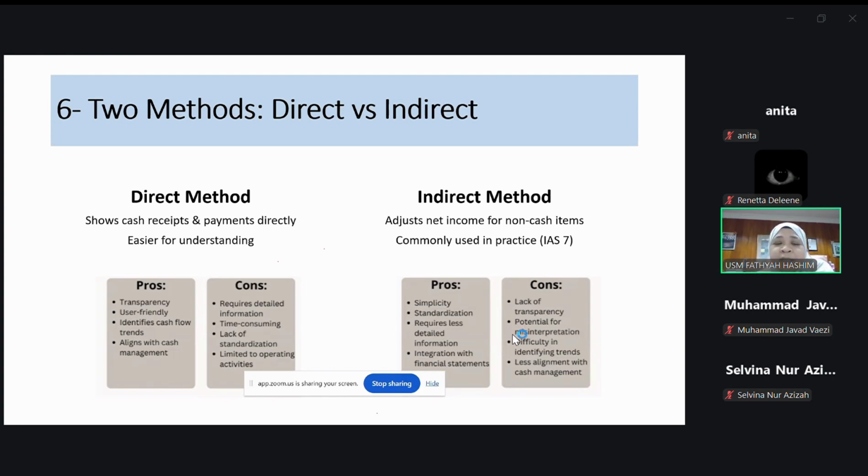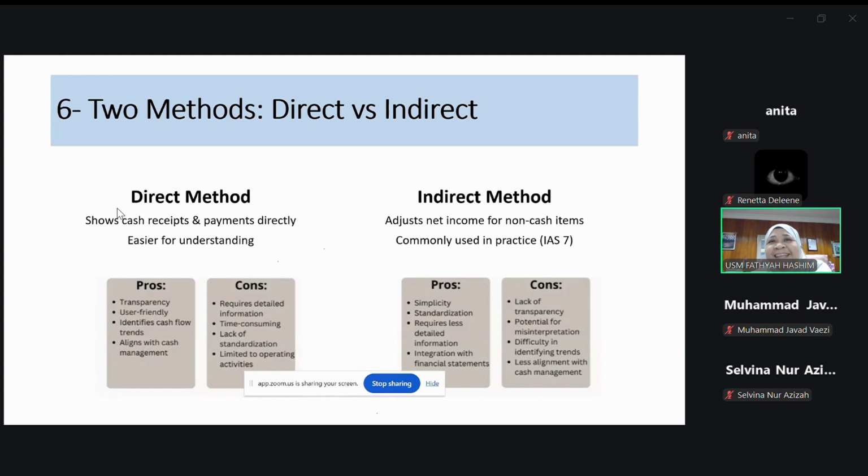But if you are using the direct method, there is a lack of standardization; it depends on the company's practice and so forth. Yeah, it's quite difficult. It's very tedious and time consuming. It requires detailed information. Then only will you be able to prepare the operating activities section in your cash flow statement.